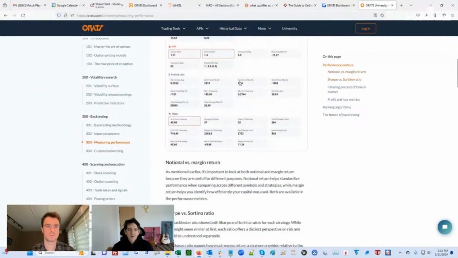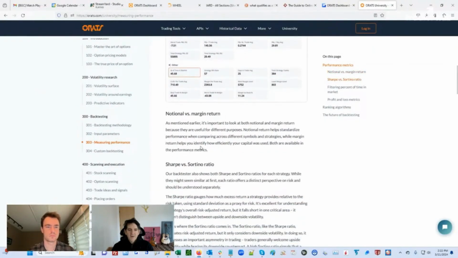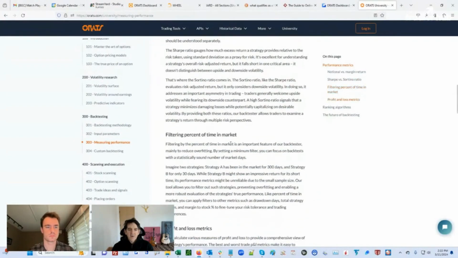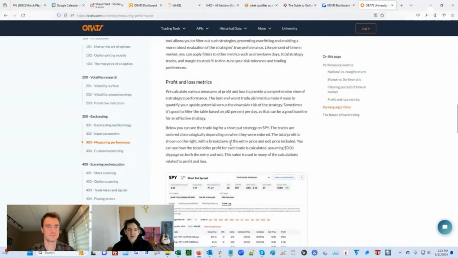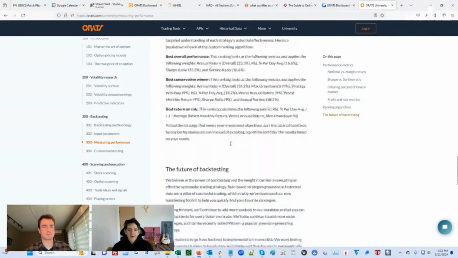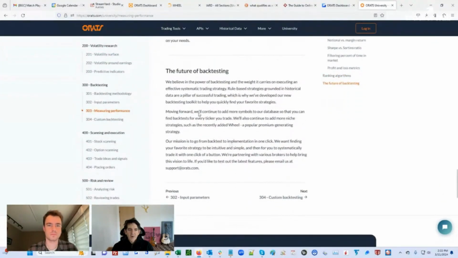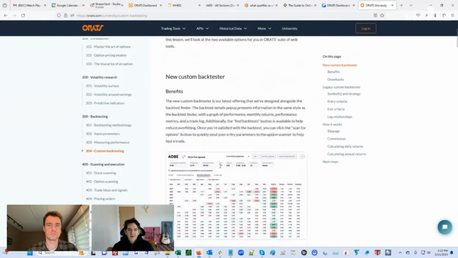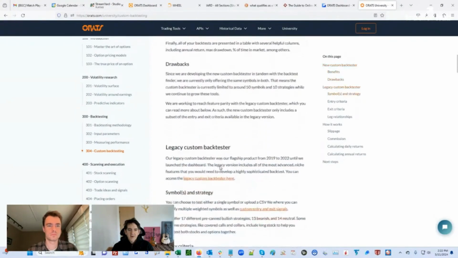So you've highlighted the major ones. What does notional even mean? What versus margin? It's all explained in here. Sharpe ratio versus Sortino, and it goes on and on. Profit metrics, how we rank certain things, and then kind of where we're going with it, and our mission for it, and then the custom backtester, and all that.